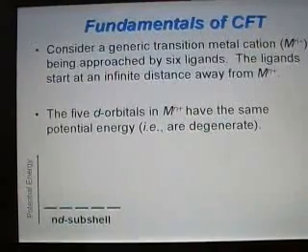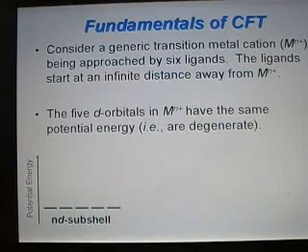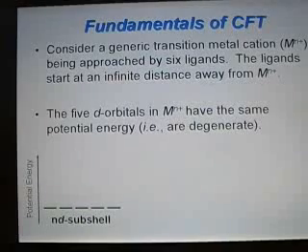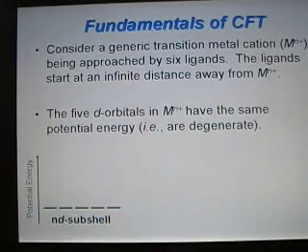So let's take a look now at CFT. What I want you to think about is a transition metal cation, any one of them, that's being approached by 6 ligands from infinity. The 6 ligands will come in and interact with the 5 d orbitals. All 5 d orbitals start out with the exact same energy. They're degenerate.